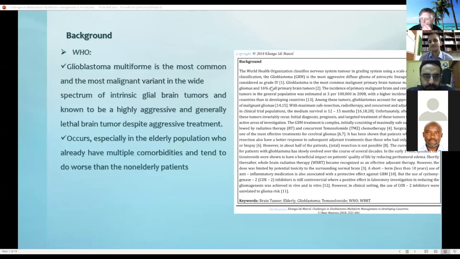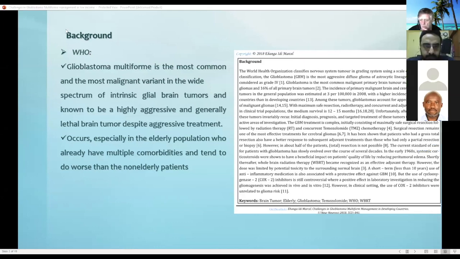Glioblastoma multiforme is the most common and the most malignant variant in the wide spectrum of intrinsic brain tumors, and is known as a highly aggressive and generally lethal brain tumor despite aggressive treatment. Treating it requires aggressive treatment, but it is already an aggressive and highly lethal tumor.